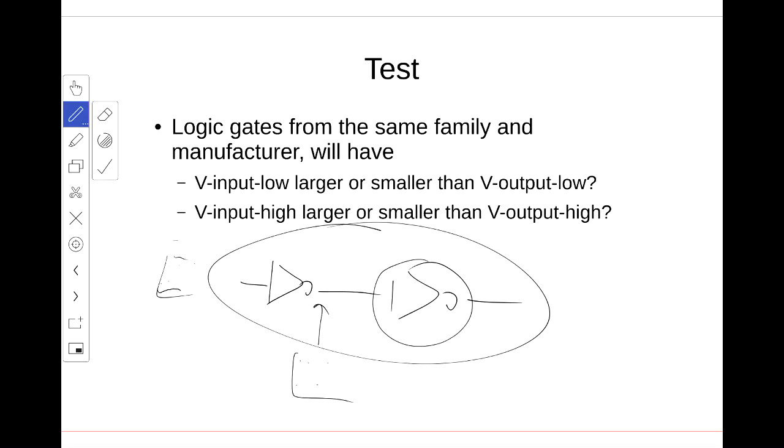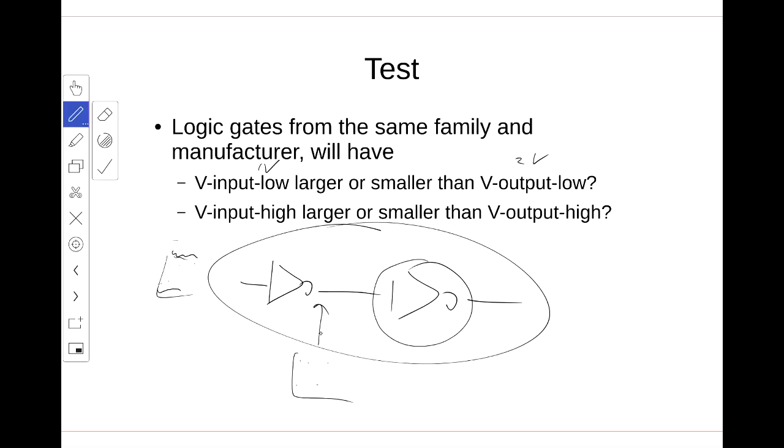I can give you exact numbers if you like. Let's assume that V input low is 1 volt and V output low is, I'll do a silly example, 2 volts. So I apply a 0 at the input.